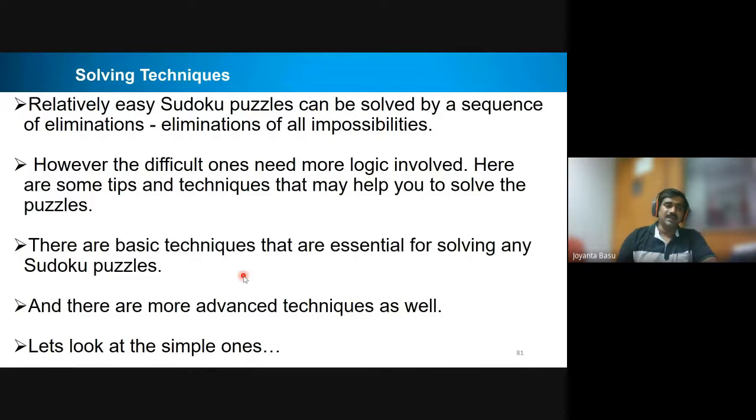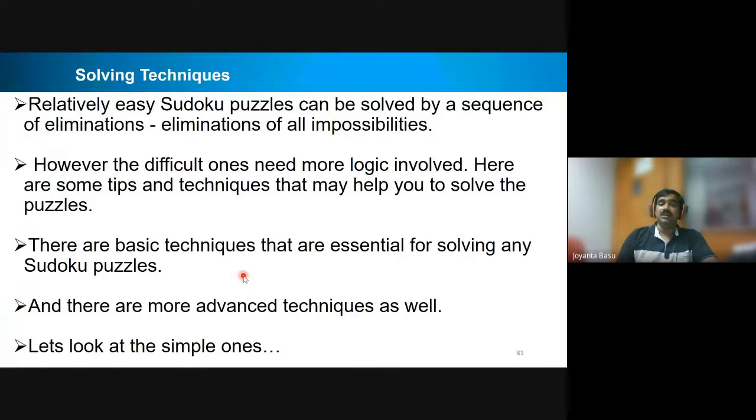However, there are also some difficult Sudokus, so some difficult logic is involved. But the essential basic techniques are the same for the advanced and the easy ones. In these slides I will show you some steps.